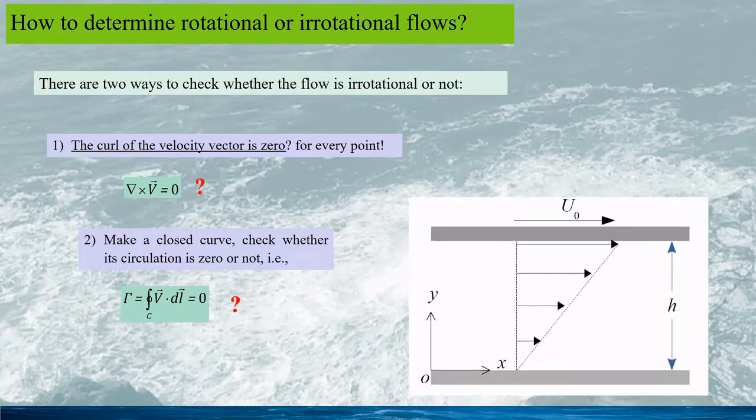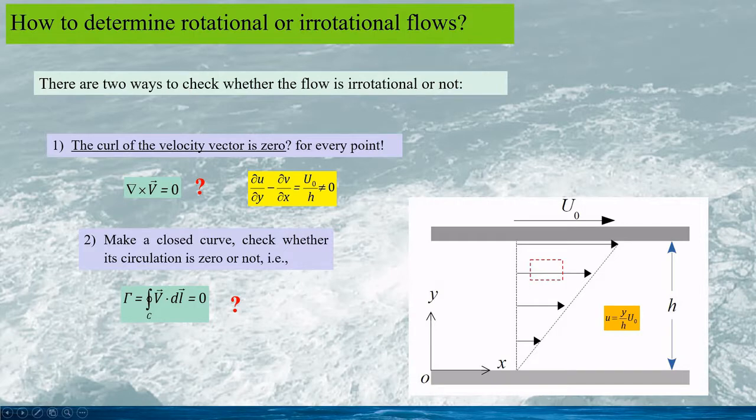Here, take the Couette flow as an example. Its velocity distribution is given as this, and the curl of the velocity vector given by this is not 0.